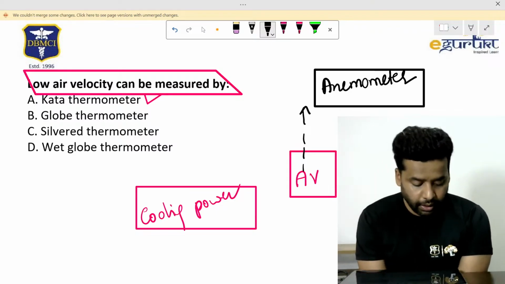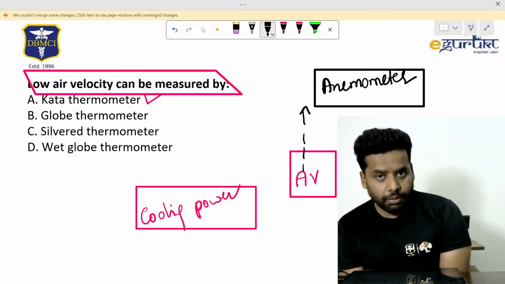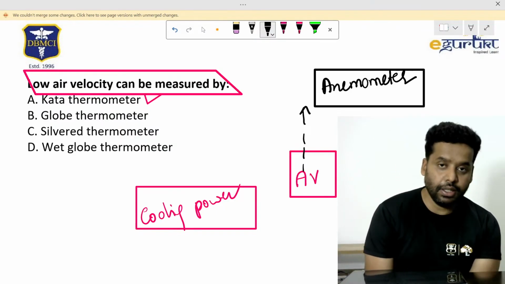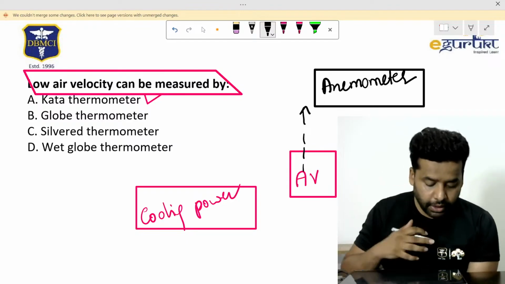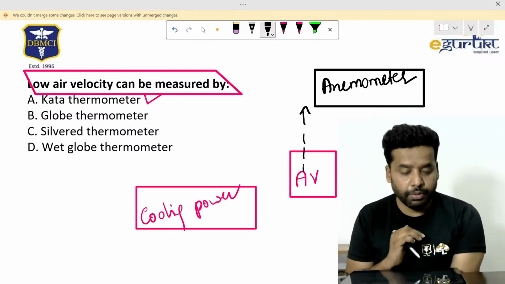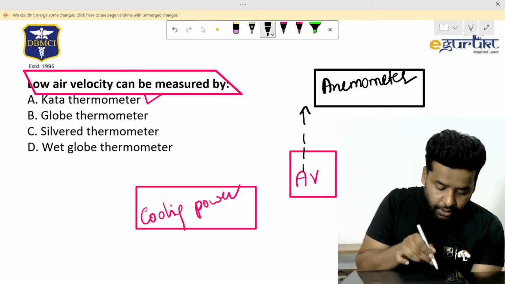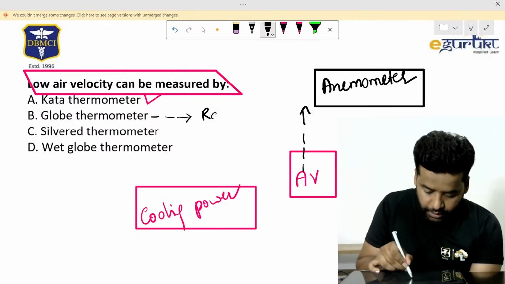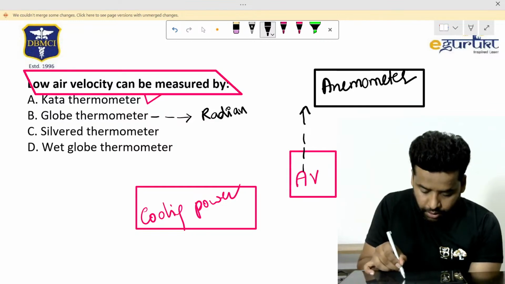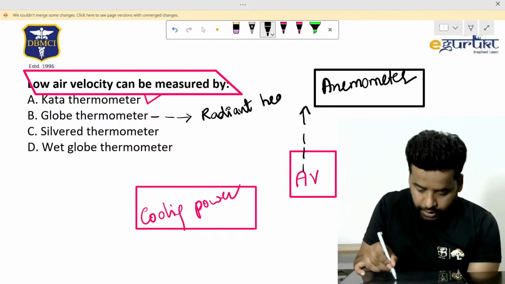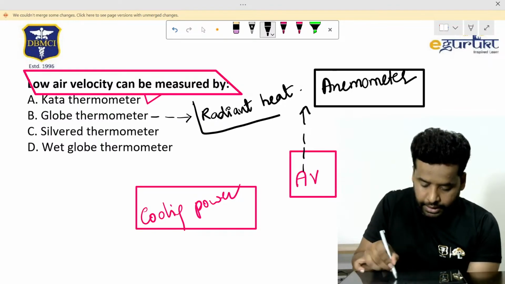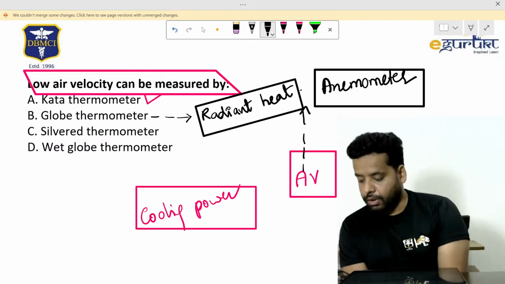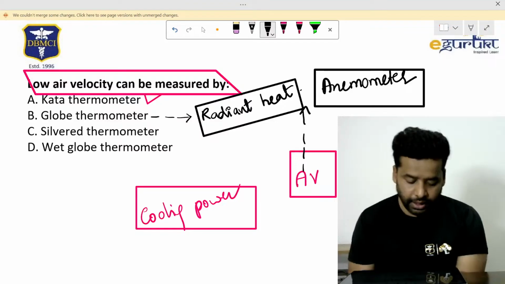Globe thermometer: there is one thermometer inside the globe and one outside. When you take the difference, it will indicate radiant heat. Highlight this: globe thermometers will indicate radiant heat.